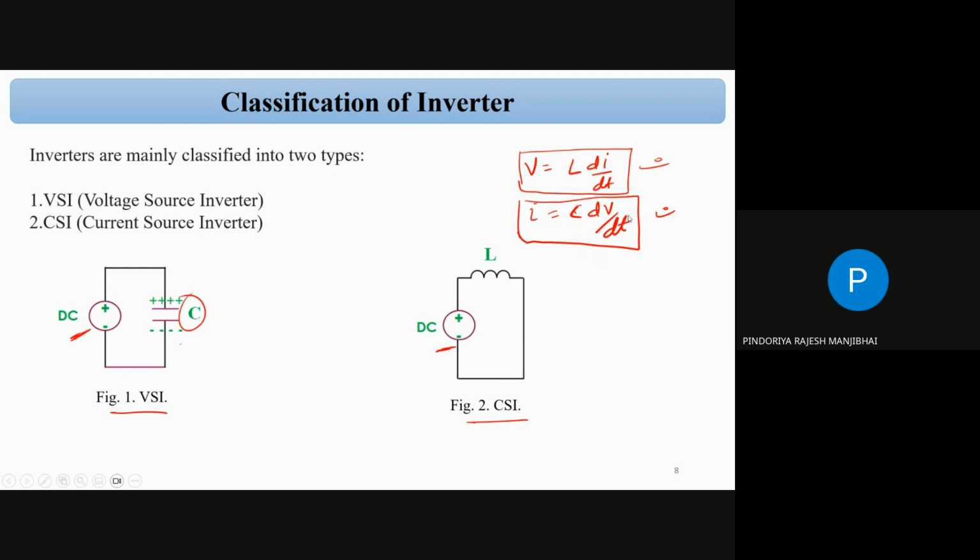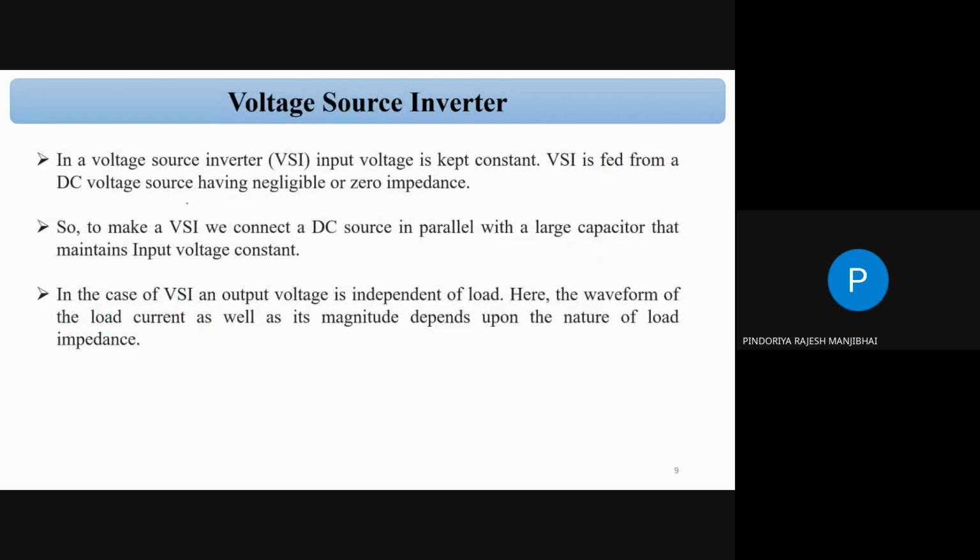But just remember, in the case of the VSI, we have to connect the capacitor in parallel across the supply voltage. In the case of the CSI, we have to connect the inductor in series, correct? Yes. So in the VSI, input voltage is kept constant.